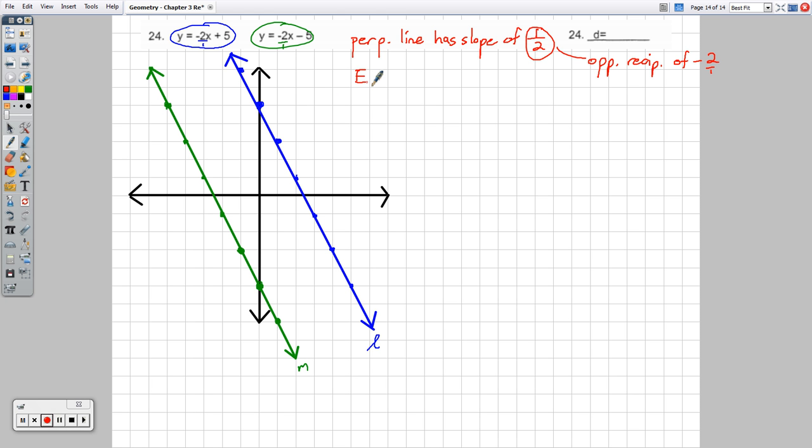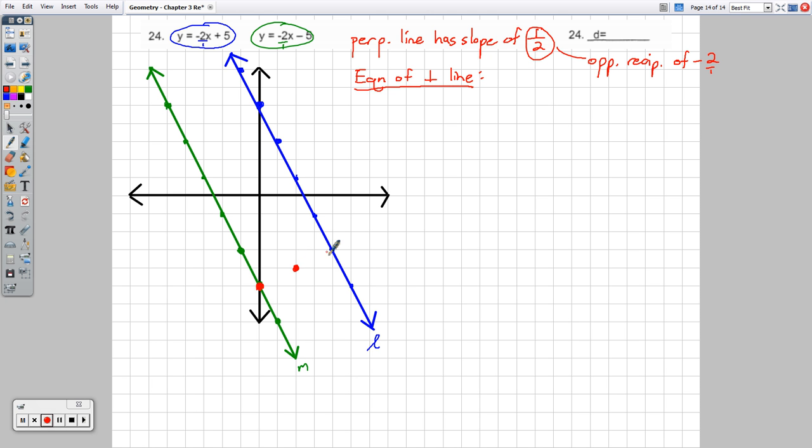So the equation of the perpendicular line, if I use this point right here, if I start there, and I go from there this way, I know my slope has to be 1/2, so I go up 1, right 2.